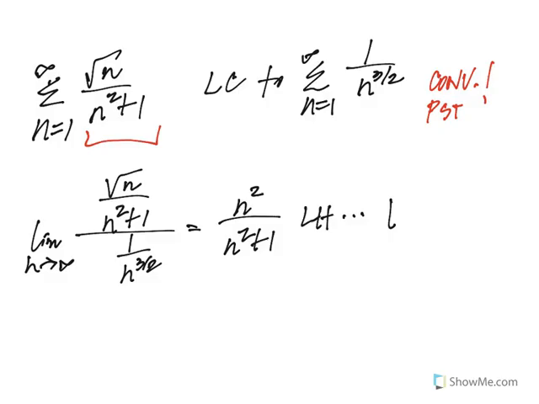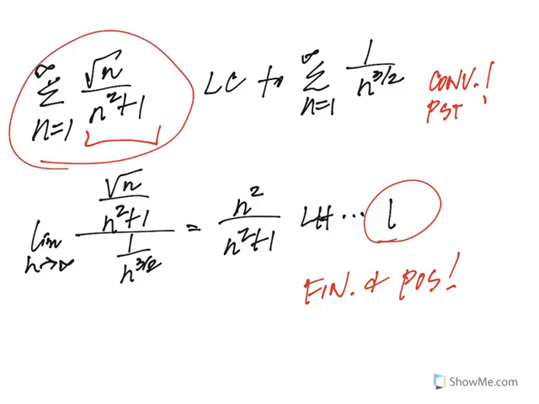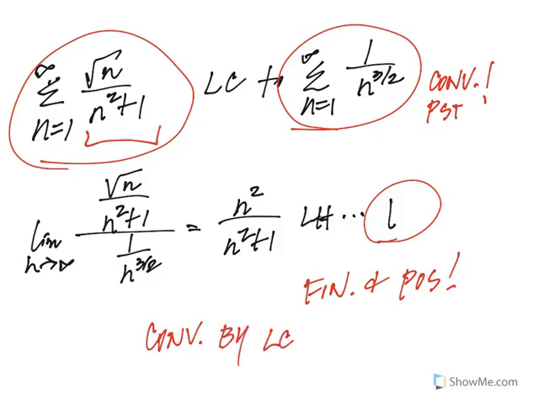Again, I'm not showing the L'Hopital's rule. I would like you to on a test or a quiz, so please do as I say and not as I do. Now, check this out. This is finite and positive, which means that my original problem does what I'm limit comparing it to. So that means that my original problem converges by the limit comparison test.